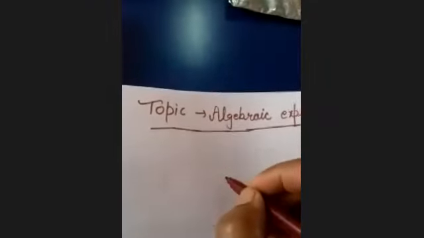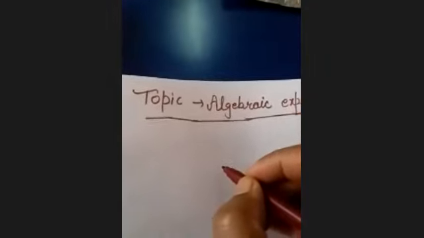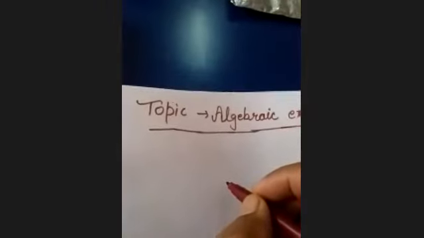The collection of constants and variables connected by one or more operations is known as an algebraic expression. For example, 4x plus 5. This is an algebraic expression.